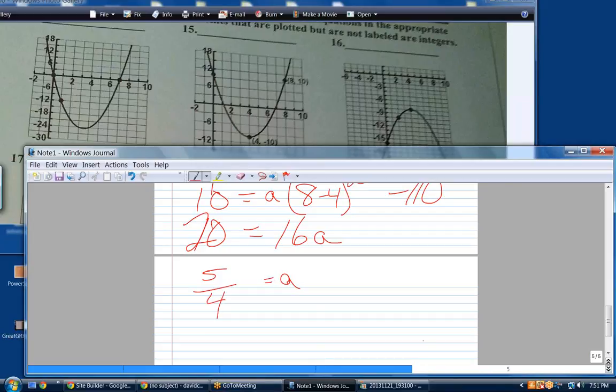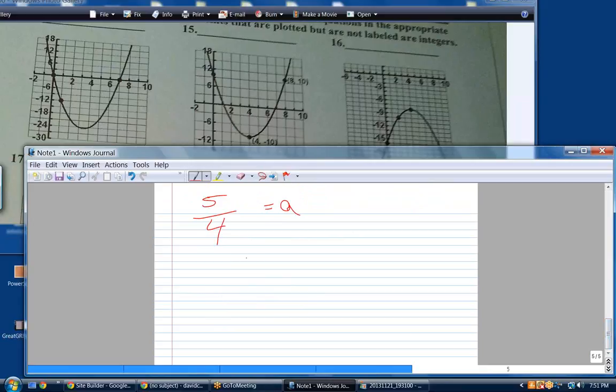So my specific equation in vertex format is what? Y equals 5/4 in parentheses x minus 4 squared minus 10. Good. That's the process on all of these: you solve for a as the first step.